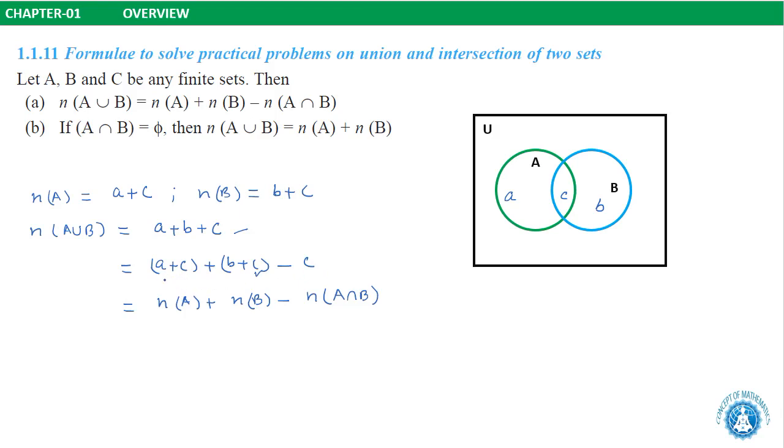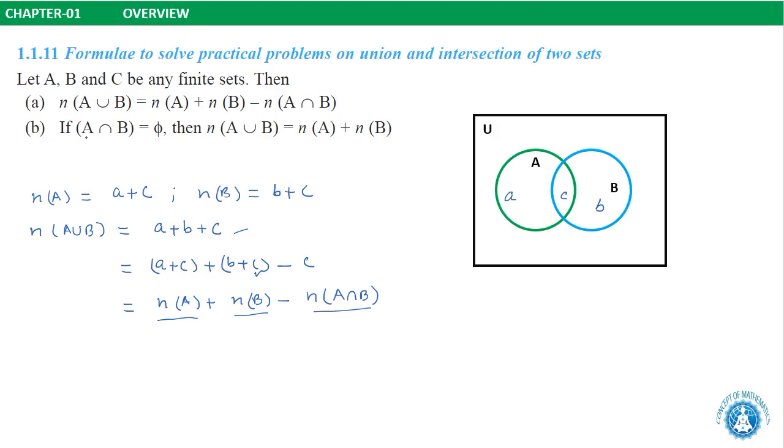By writing this way, a plus c is the number of elements of A, b plus c represents the number of elements in set B, and c represents the number of elements common to both A and B. So this is the easiest way to prove this formula.